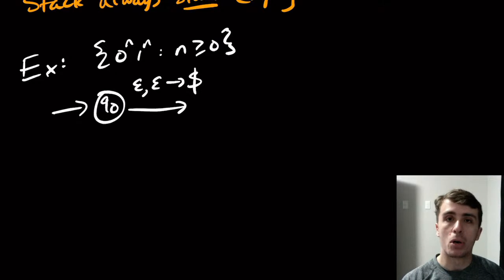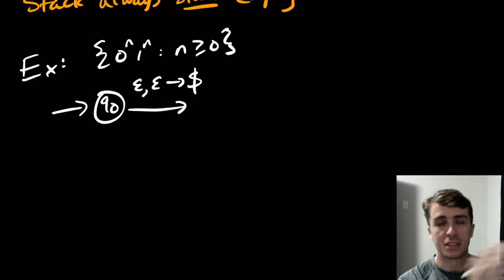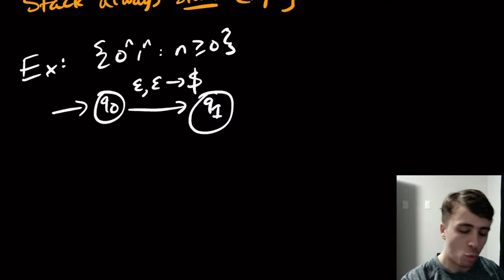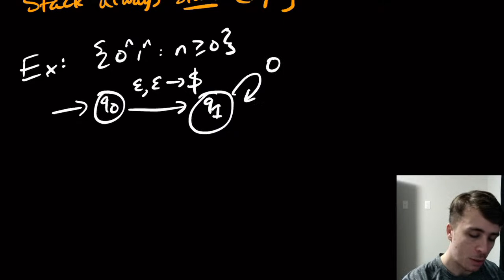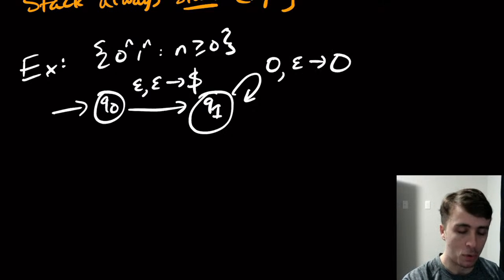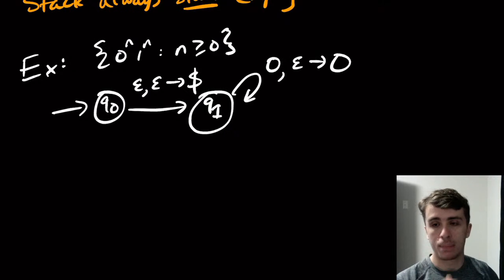The things I can put on the stack could be anything I want, it doesn't have to be on the input, because we care about the strings that we're reading, not things that we put onto the stack. So here in Q1, whenever I see a 0, because that's the thing being read, I'm not going to pop anything, and I'm going to push a 0 onto the stack. So I'm trying to match them up.